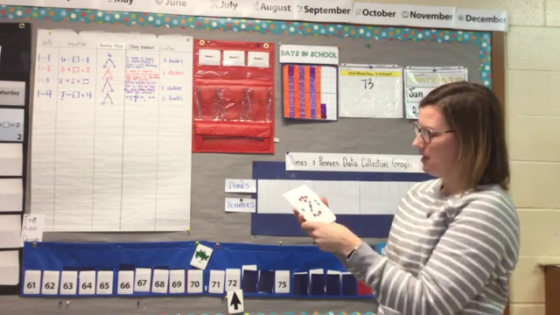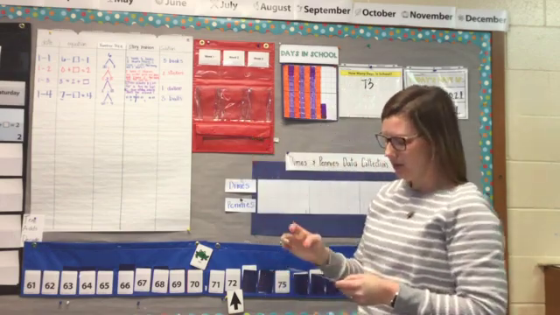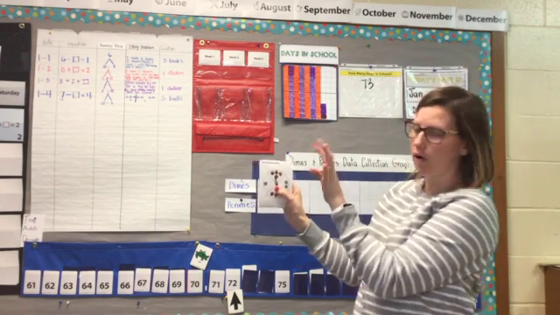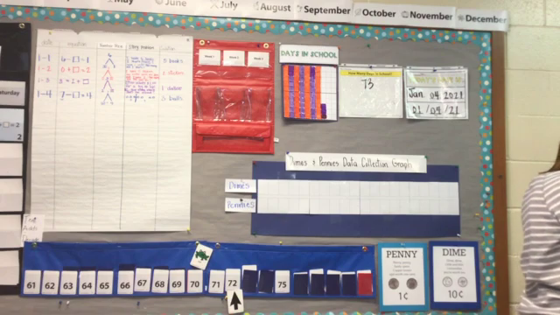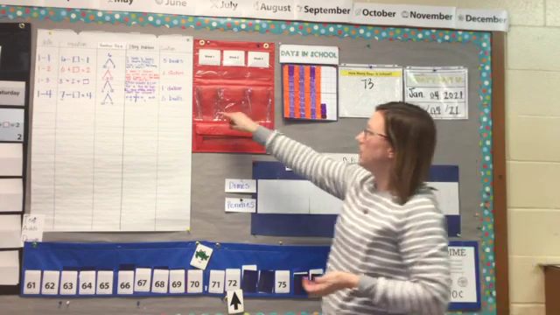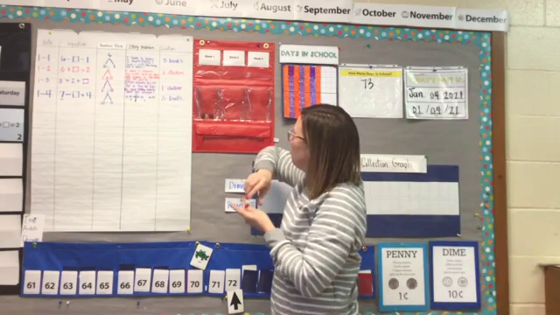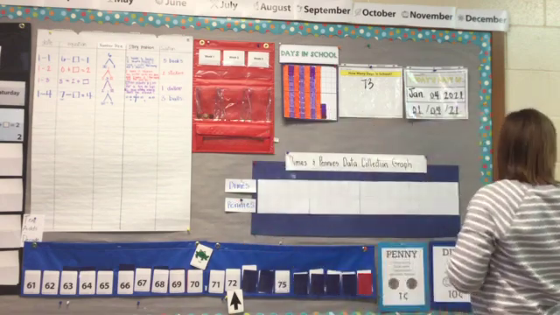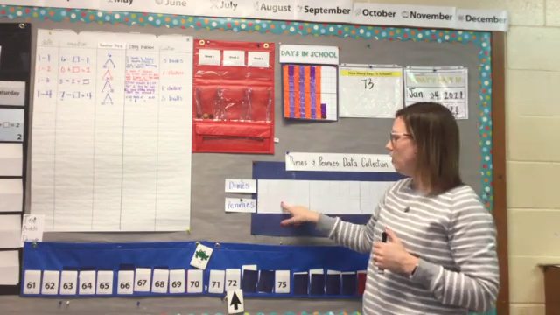So we're going to spin, and then we're going to start collecting for week 1. So I spin my spinner, and it landed at the top on 4 pennies. So I'm going to take 4 pennies, and I'm going to drop them in week 1. 1, 2, 3, 4.